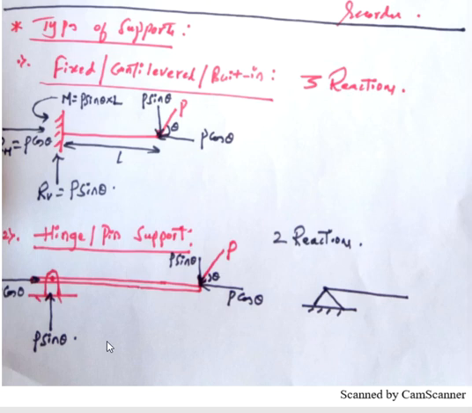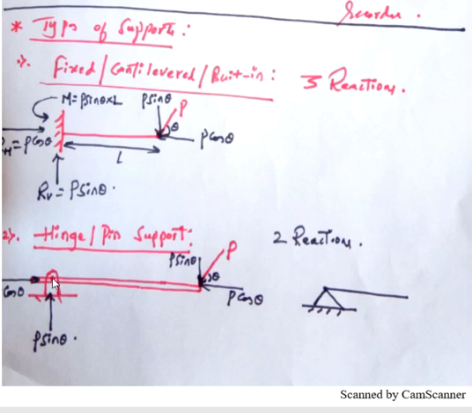Or if you try to pull the door in horizontal direction, completely pull it off, you cannot pull it off in horizontal direction also. But if you try to twist the door, like if you want to open the door or close the door, then you can easily do it. The door will not resist.